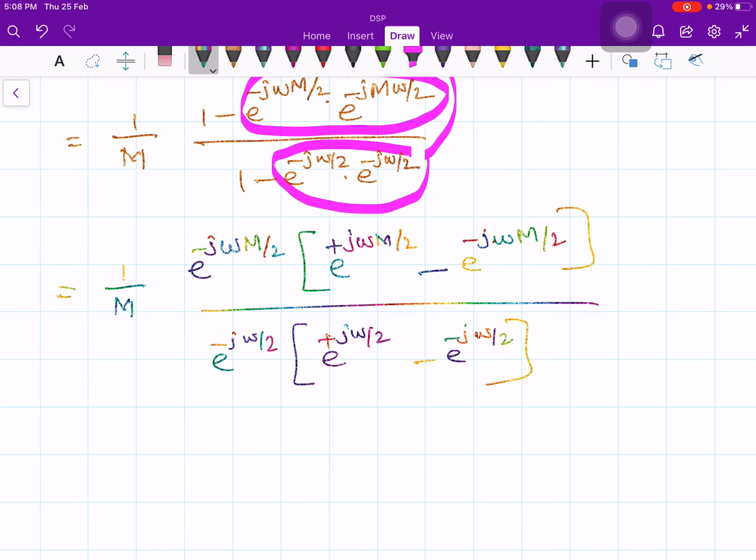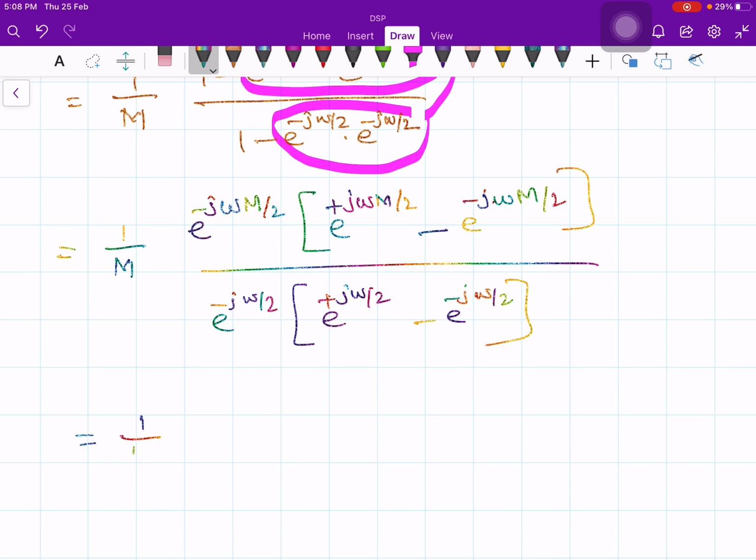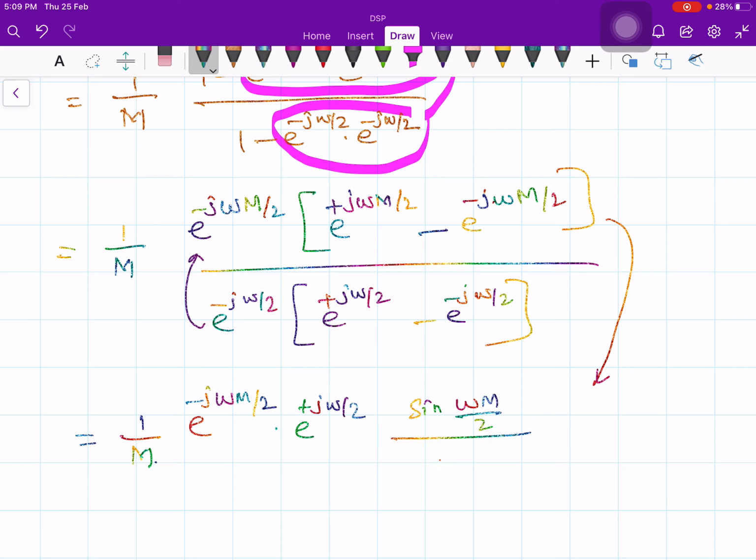Now you can introduce 2j in both the numerator and denominator, then it is 1 over M e to the minus j omega M by 2 times e to the plus j omega by 2. This I am bringing to the numerator. So now the numerator function becomes sine of omega M by 2 divided by sine of omega by 2.